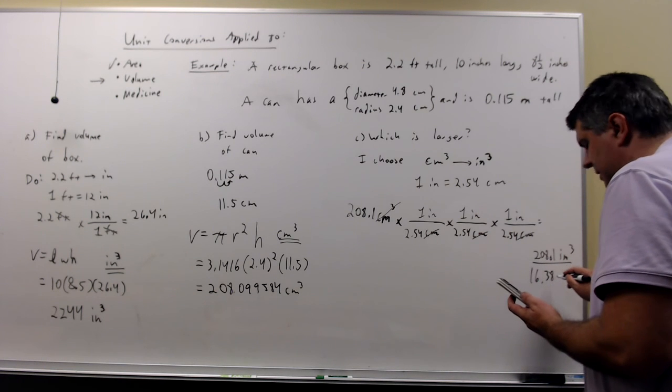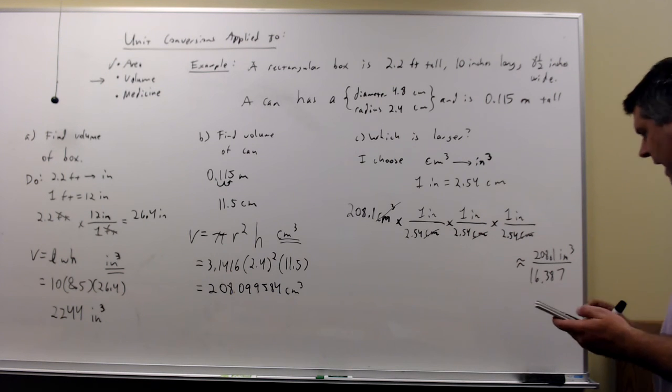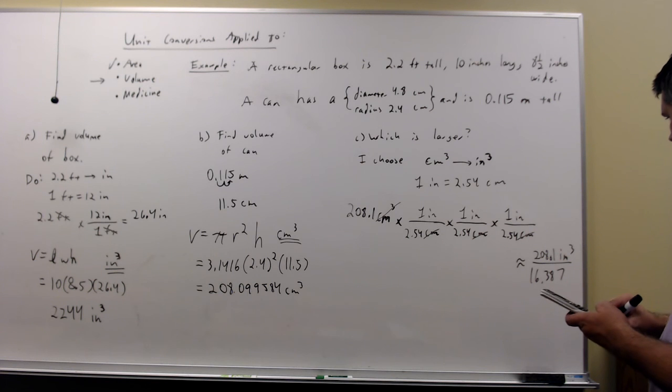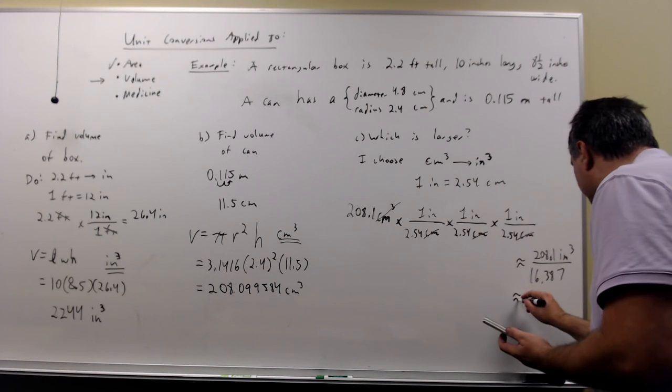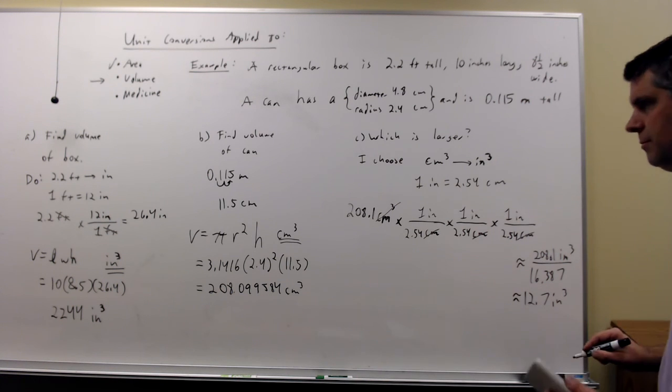That's $16.387 roughly. I'm going to round. And so I have 208.1 divided by 16.387. That's approximately 12.7 inches cubed.